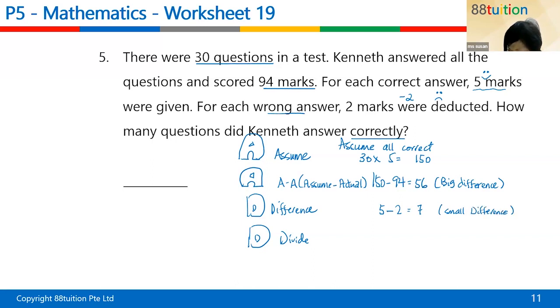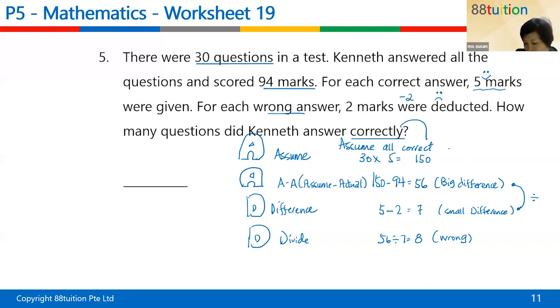With a big difference of 56, and then the small difference of 7, what I need to do is divide. I use both answers, 56 divided by 7, I get 8. So this 8 is the number of questions that is wrong, because you assumed everything correct.